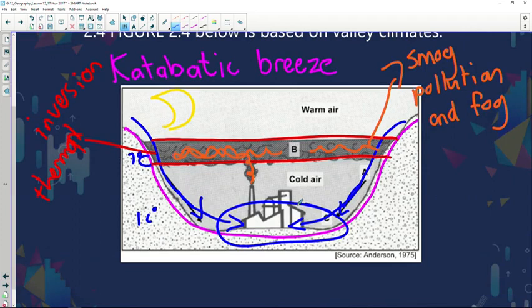Now because of all the cold air collecting down there, we've learned that that's where the frost pocket is situated. Because of all the cold air collecting down there, we experience very cold conditions that might lead to frost, and unfortunately many plants are not frost resistant, so the farmer will lose its crop.